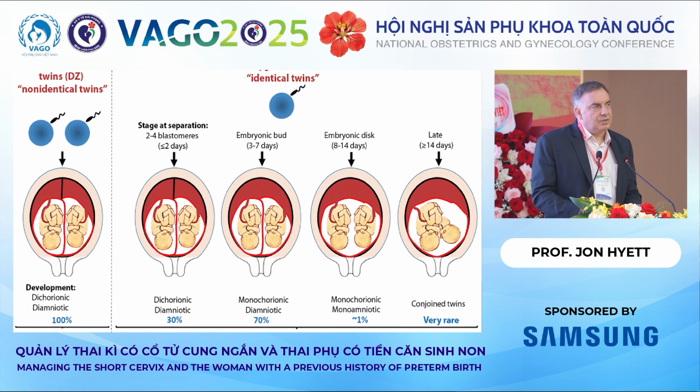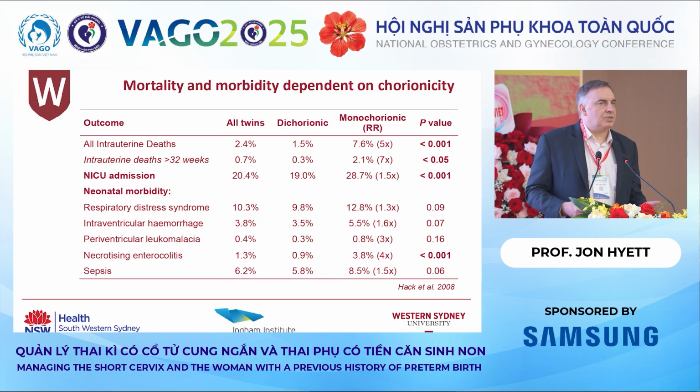If you look at twins in general, twins make up about 1.5% of our population. They make up about 20% of our neonatal admissions, nursery admissions. So the question is, why do you have so many twins in the nursery? As well as the traditional adverse pregnancy complications, preeclampsia, fetal growth restriction, preterm delivery, we have then an overlay with the monochorionic twins.